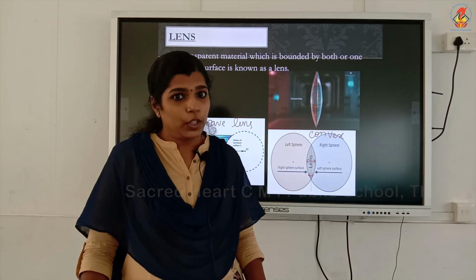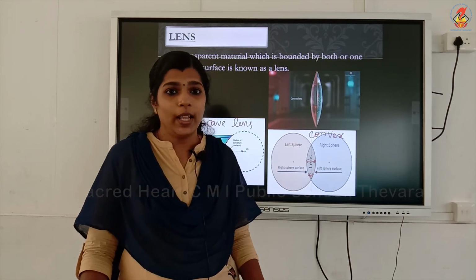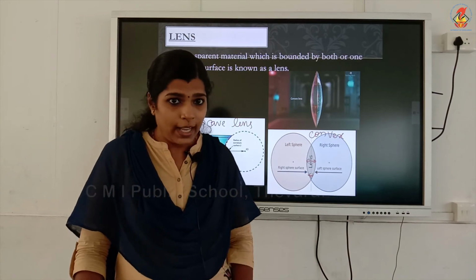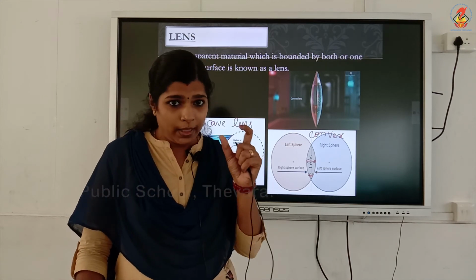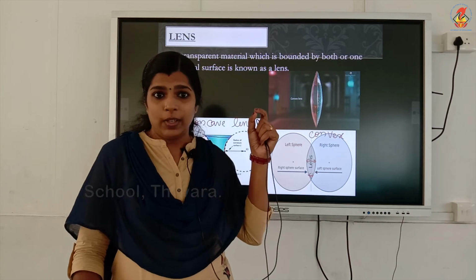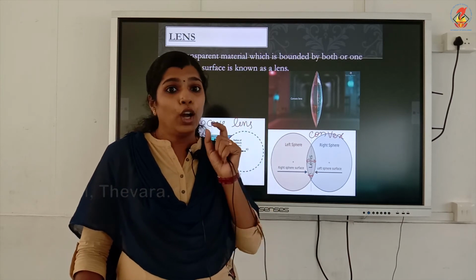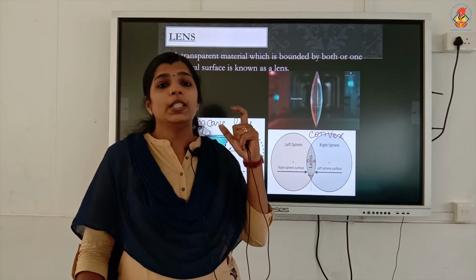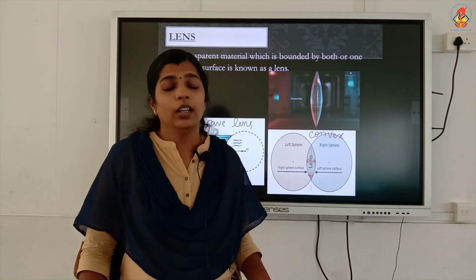There are two types of lens, one is concave lens and the other one is convex lens. For convex lens, the middle portion will be thick, towards the edges it will be thinner. For concave lens, middle portion will be thin, towards the edges it is thicker.